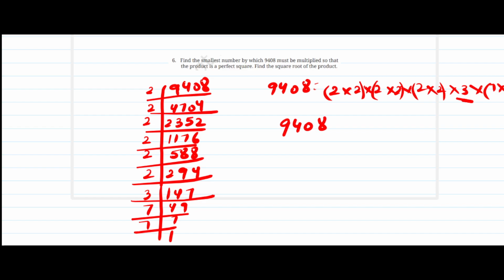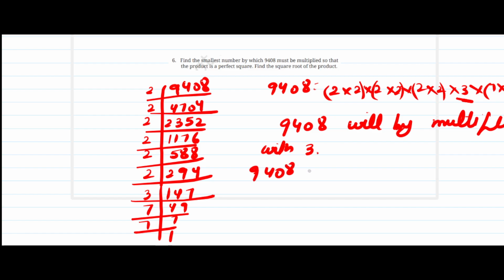So 9408 will be multiplied with 3. So what do we get? 9408 multiplied with 3, we will get 28224.